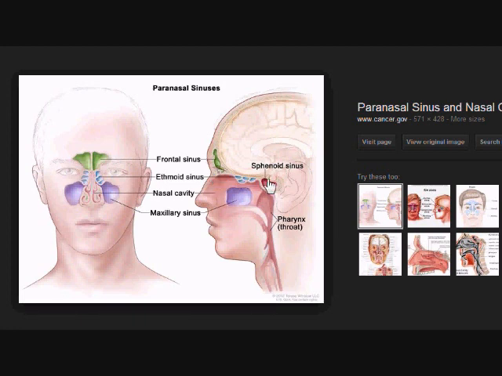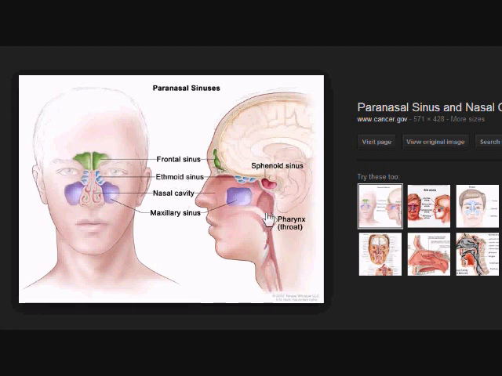Going backwards a little bit, at the furthest back, we have the sphenoid sinus. You can also see the general location of the individual bones. At the very bottom, maxillary, because remember, the upper jaw was the maxilla. And then here we have the ethmoid sinuses.